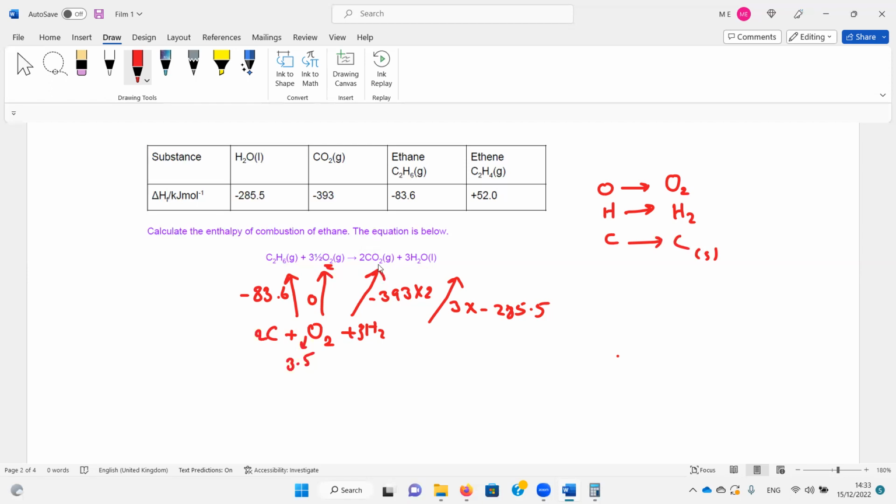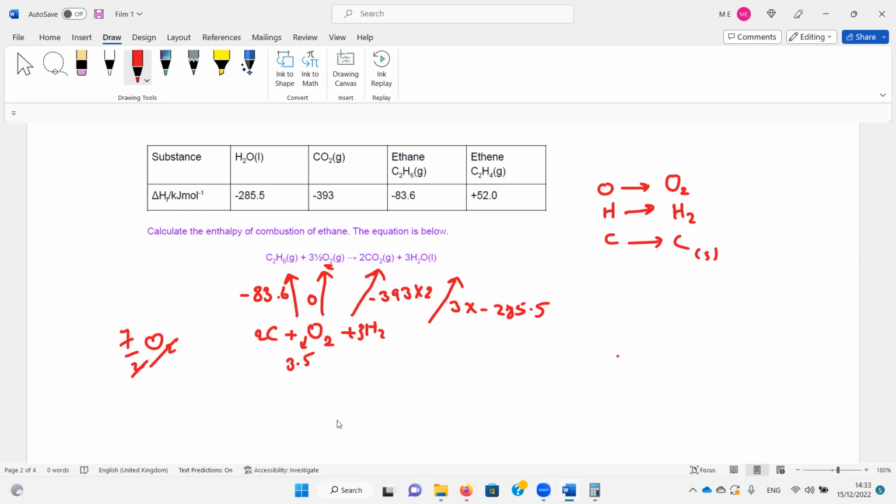And here you have 3 oxygens, and here 7. Here you have 4 oxygens, and here 3, so that is 7. And this is 3.5. So 3.5 can also be written as 7/2 times O2. So this is 7 oxygens. Okay, so the equation is balanced.